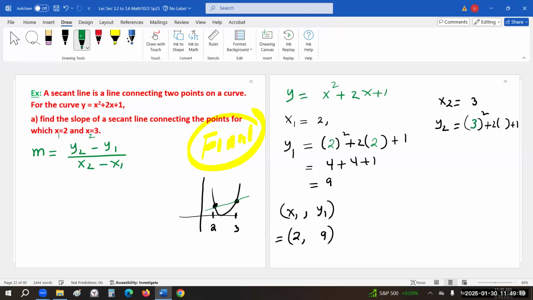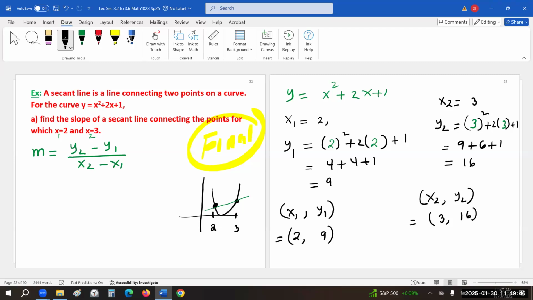So it's 3 squared, 2 times 3. What is 3 squared? 2 times 3. And 9 plus 6 plus 1, 16. And now we are happy. We have our second information, x2, y2. X2 is 3, and we got y2 as 16.